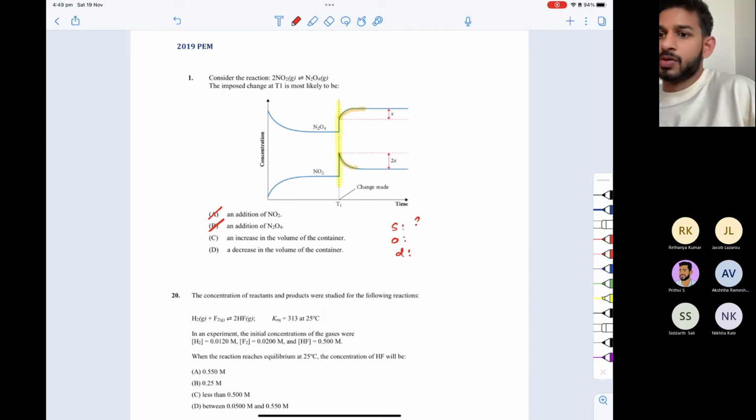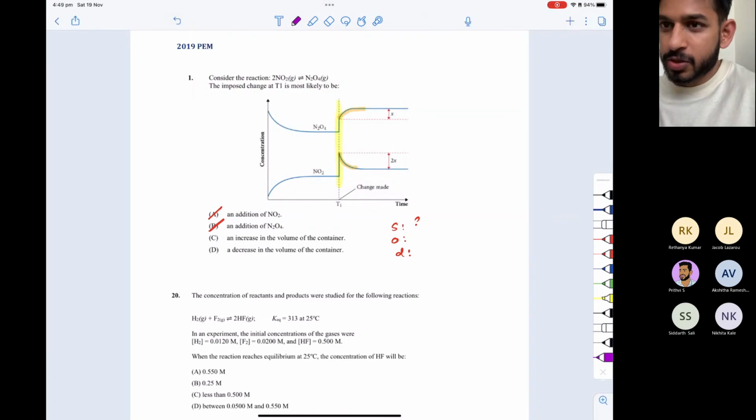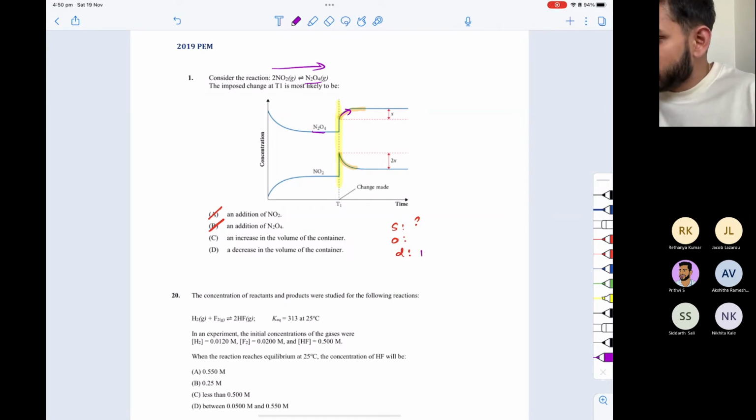Okay. You sound like you asked me a question. What do you think? Left or right? Which way did we go? It shifted forward, so to the right. Very good. So I just picked the product, N2O4. What's happened to it in the counteraction phase? It's gone up. So of course we've shifted to the right. Okay, good. So now we've gone to the right-hand side.